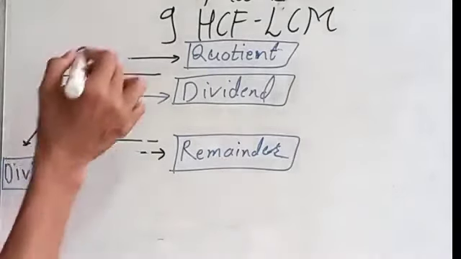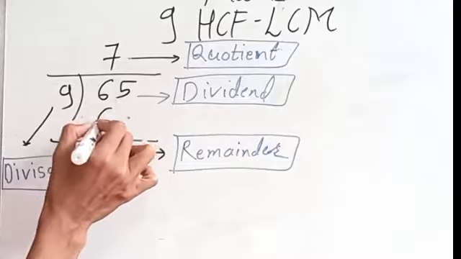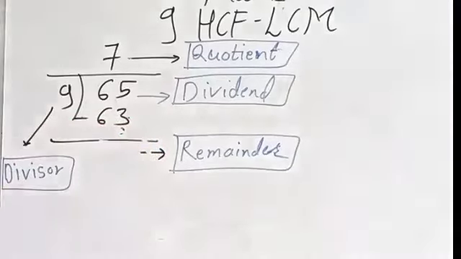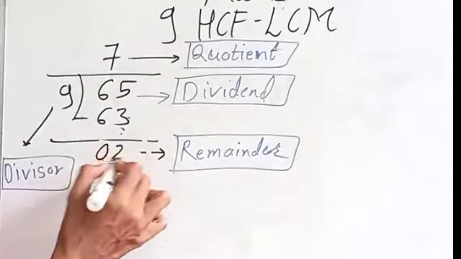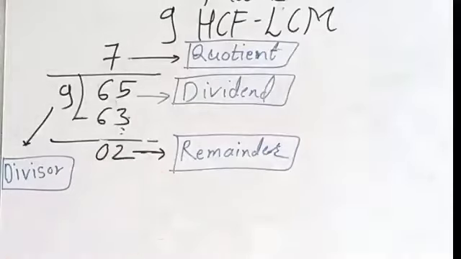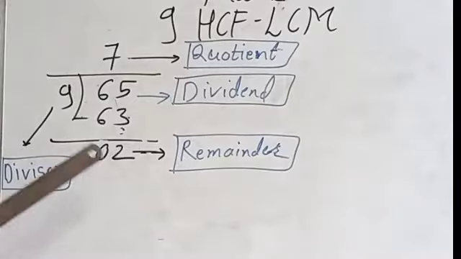So, divide it. 9 7s are 63. So, 65 minus 63 is 2. Again, the same terms you have to write for this division also. So, this 7 is known as quotient, 65 is dividend, 9 is divisor, and this 2 is remainder.